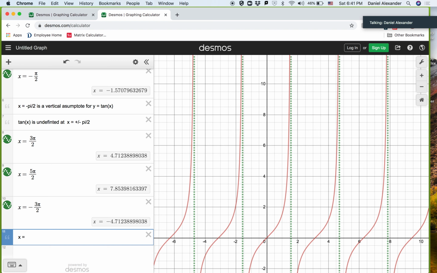I'm going to write it down here: x equals plus or minus pi over 2, that's going to be a vertical asymptote here.